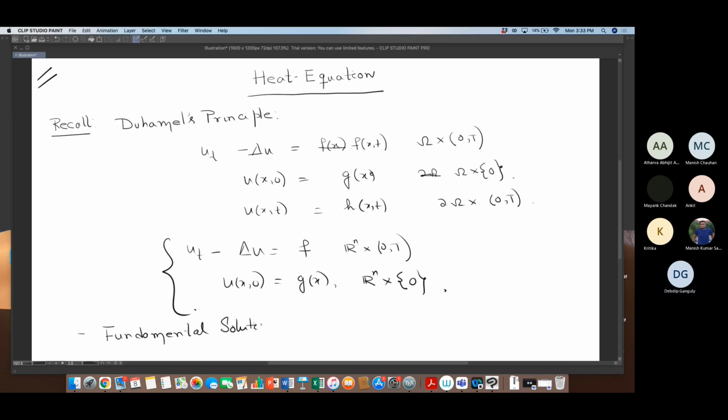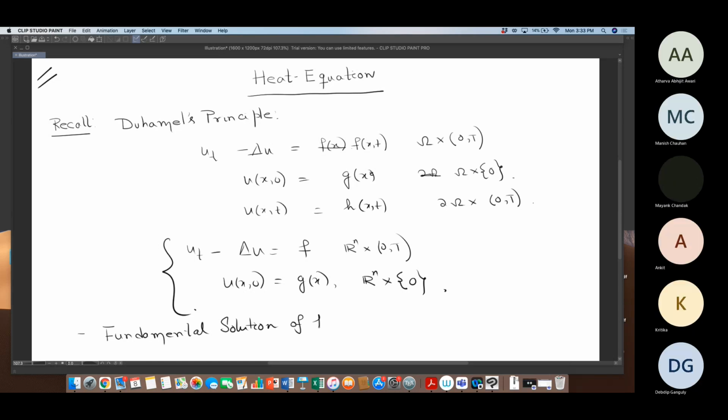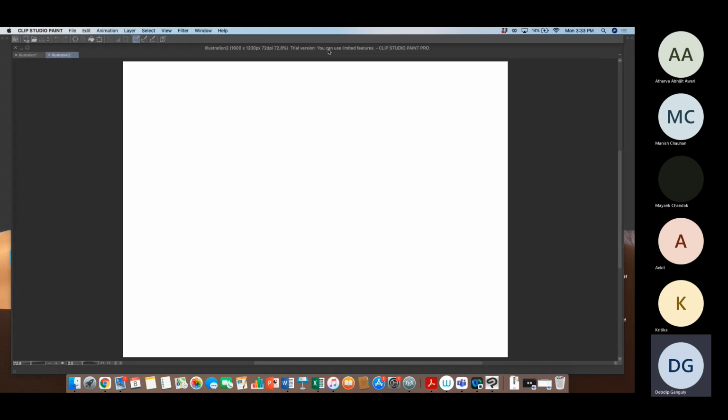The fundamental solution of the heat equation. Yes or no? Can you recall what is the fundamental solution?